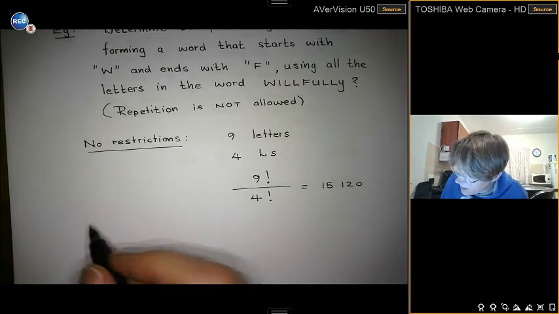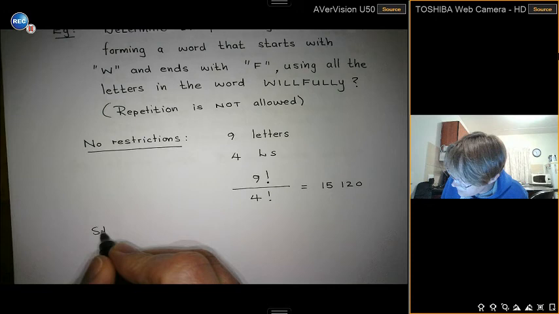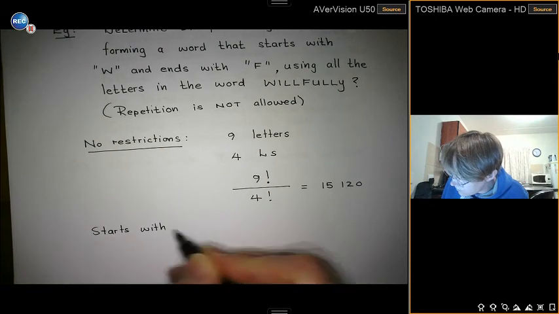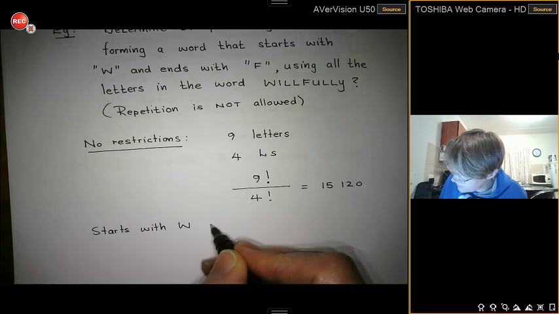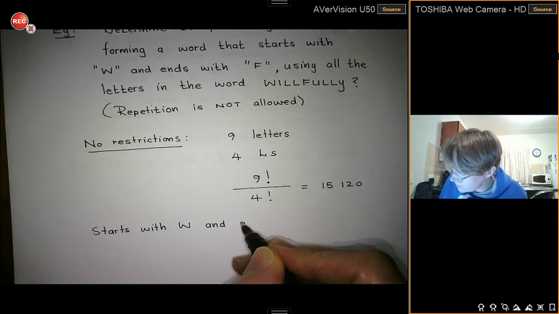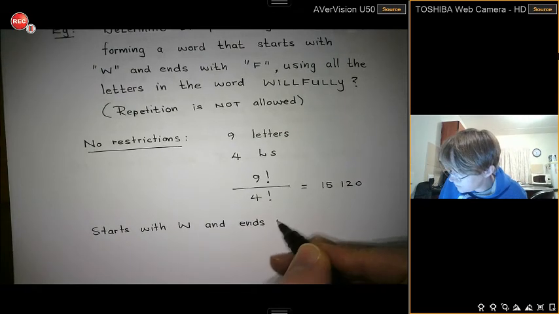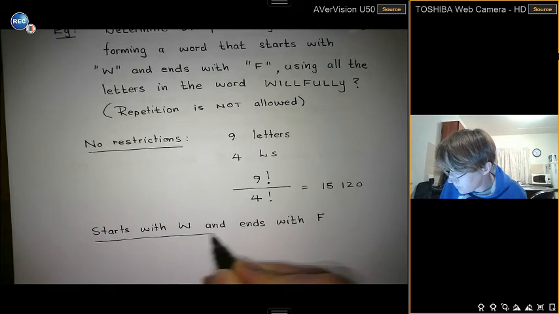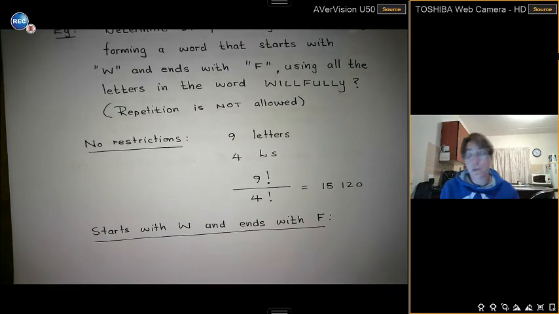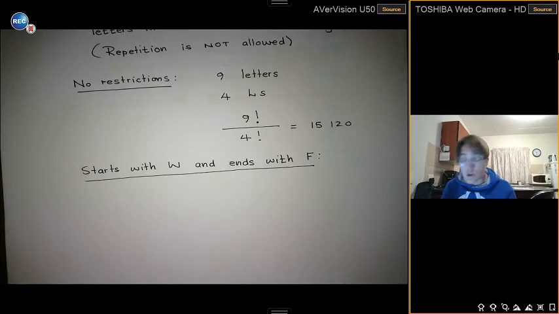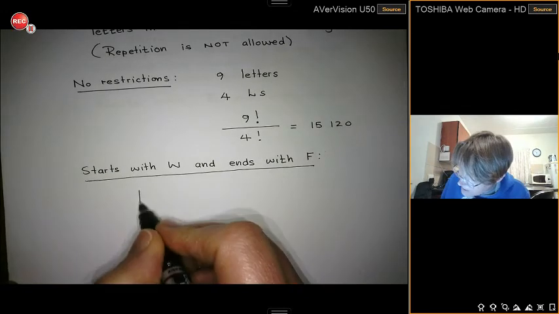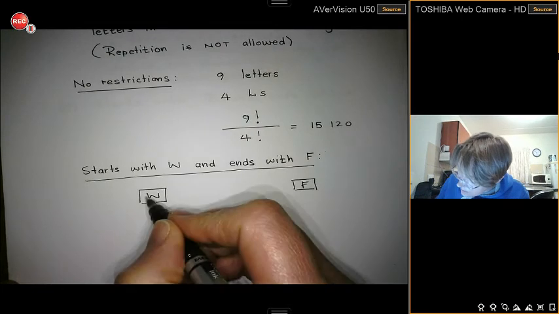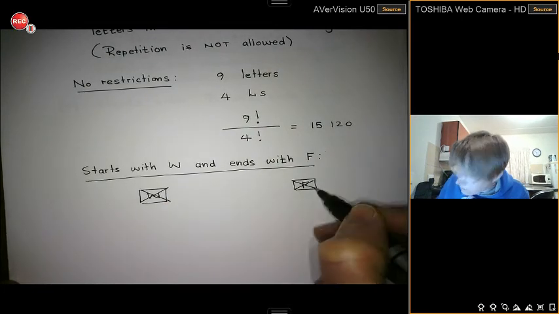So I have to look at starts with W, and ends with F. So these are what we refer to as statutes, meaning they have prescribed that the first letter must be a W, the last letter must be an F, so these are fixed, they are not available for choices anymore.